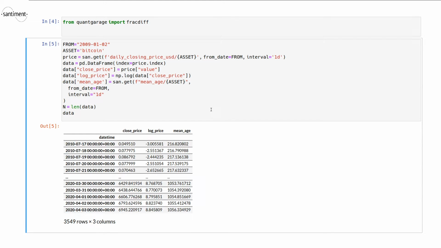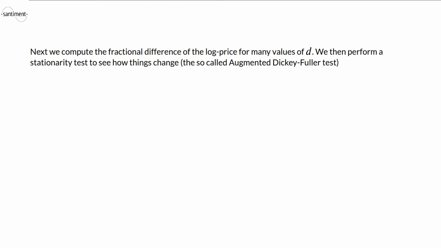Okay, so here we get Bitcoin price and mean age. I don't work with the price itself, but with the logarithmic price, because it seems to be better suited for this operation. Now we're going to make one test to see at what level of d we get a sufficient level of stationarity.